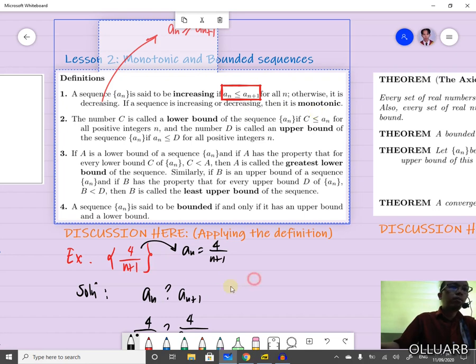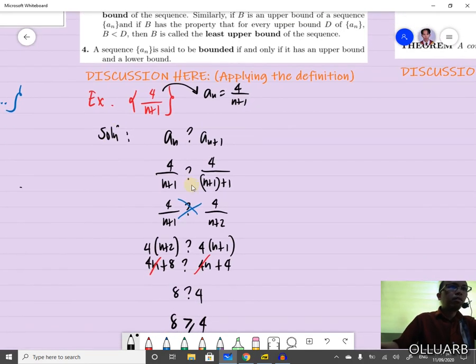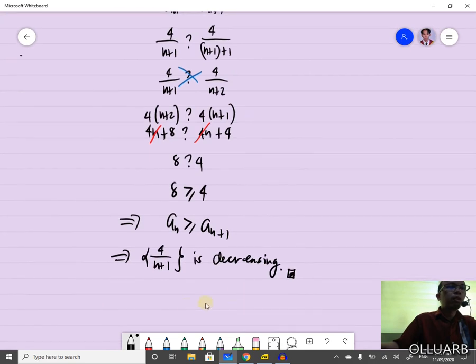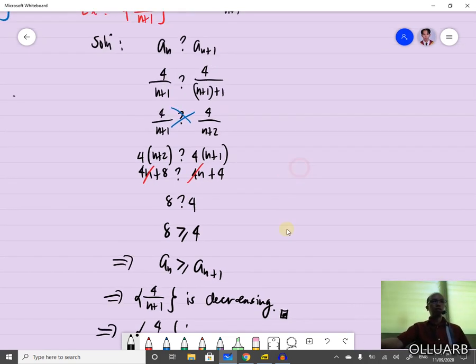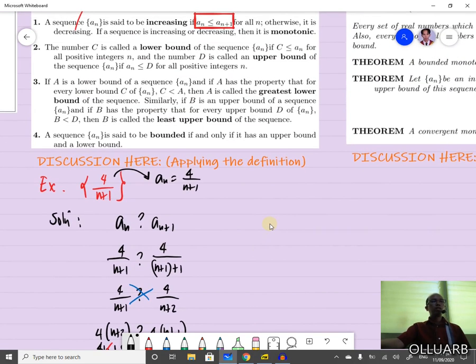So this example, the sequence 4 over n plus 1, is monotonic. Therefore 4 over n plus 1 is a monotonic sequence, since by definition, if the function is increasing or decreasing, then it is monotonic.